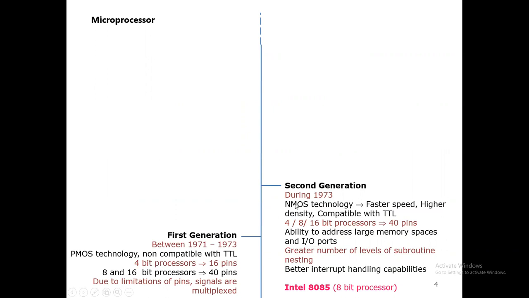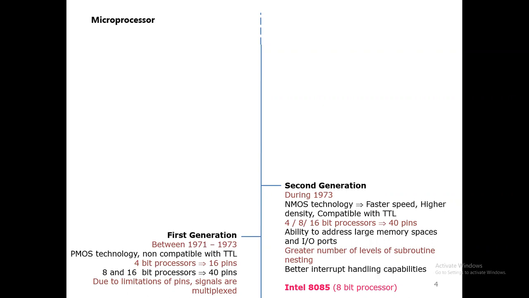Compared to the first generation, it has a much faster speed and higher density. It is also compatible with TTL. It has 8-bit processors and 40 pins. Why did they invent this second generation?